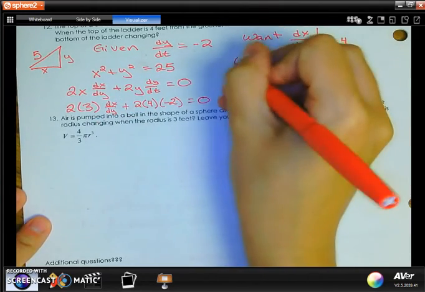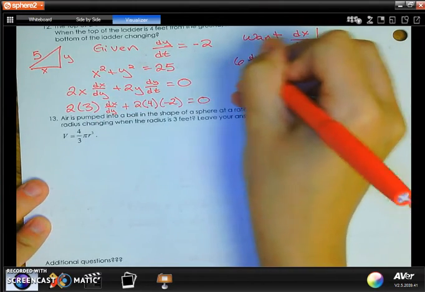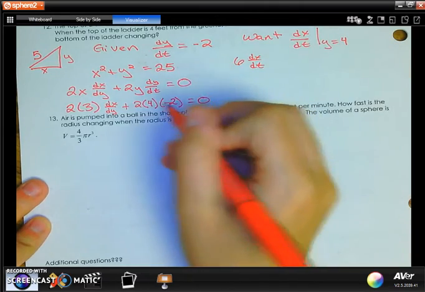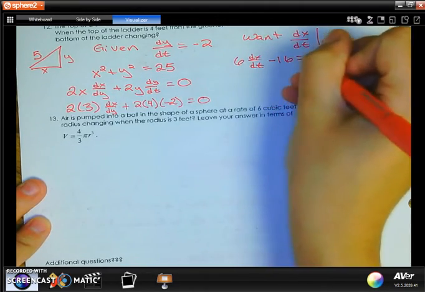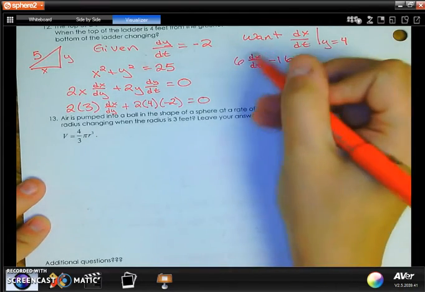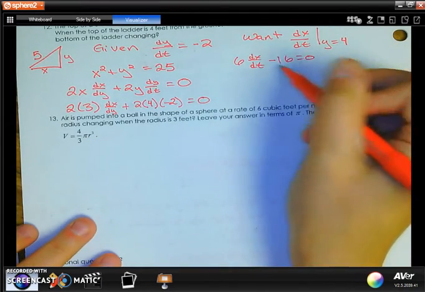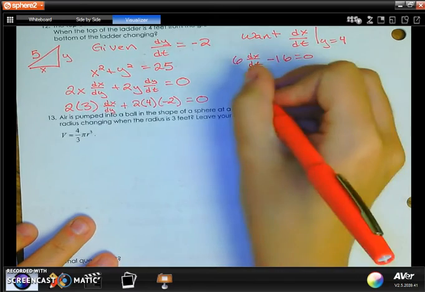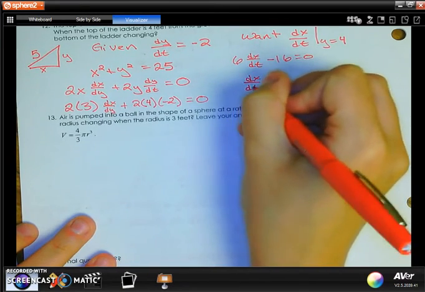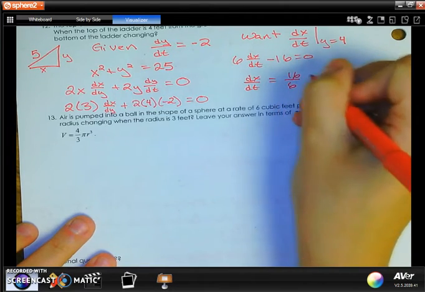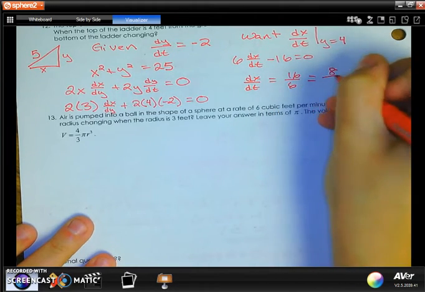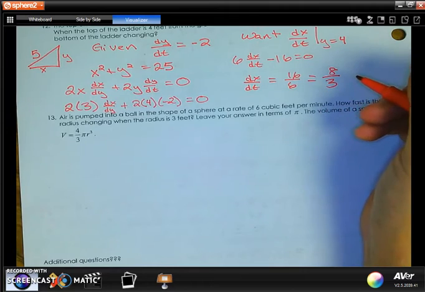So I've got 6 dx/dt, and then that's going to be -8 times 2 is -16, minus 16 equals 0. And I'm trying to solve for this dx/dt, so add 16 and then divide by 6. So you get dx/dt is going to be 16 over 6. If you want to reduce, you could call it 8 over 3.